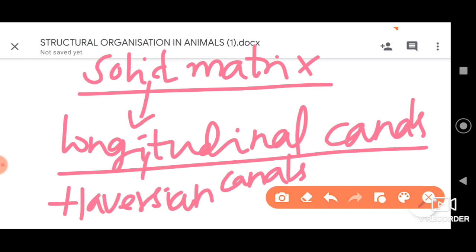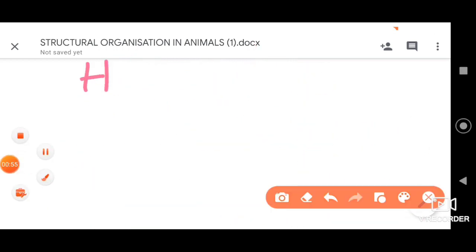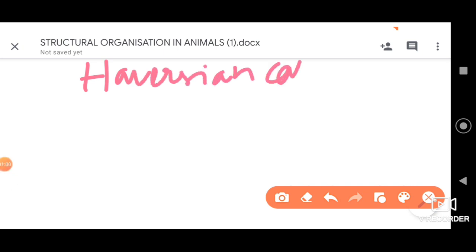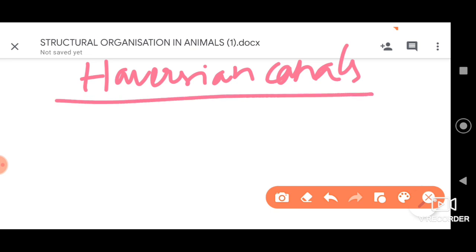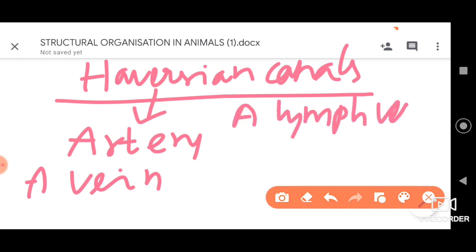Now, when we talk about the Haversian canals, they possess an artery, that is a blood vessel, and they also have a vein, which is also a blood vessel. They also have a lymph vessel in them.